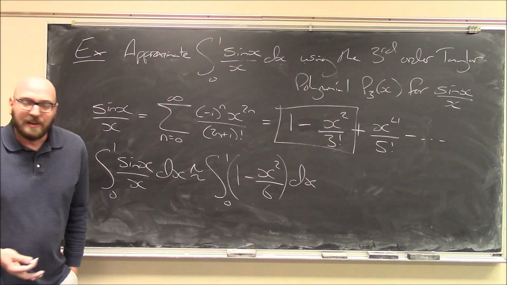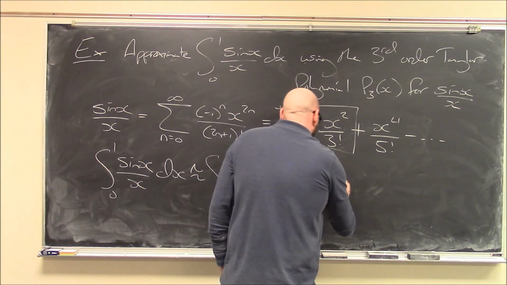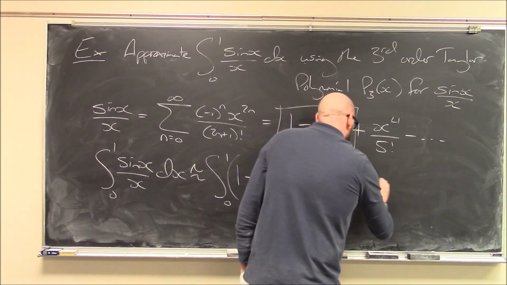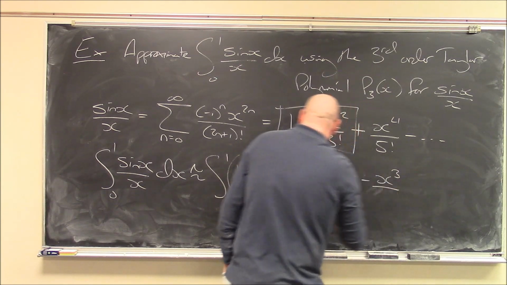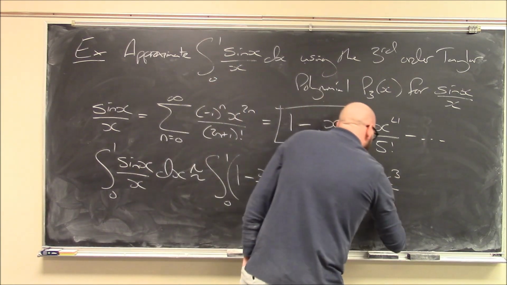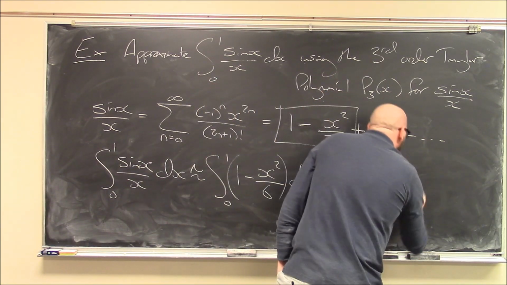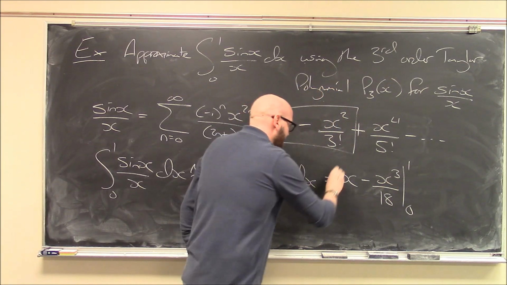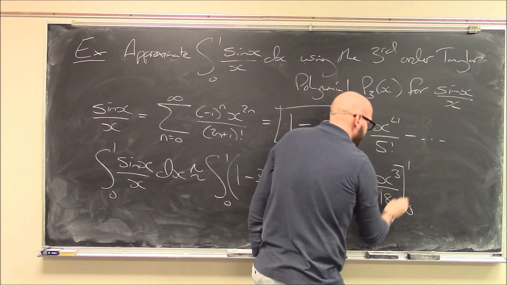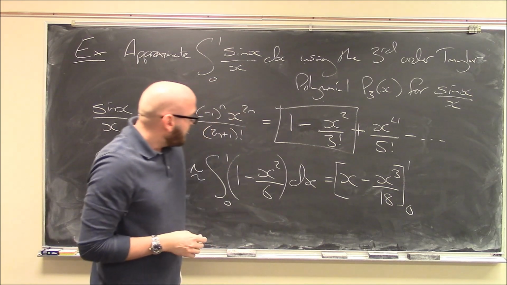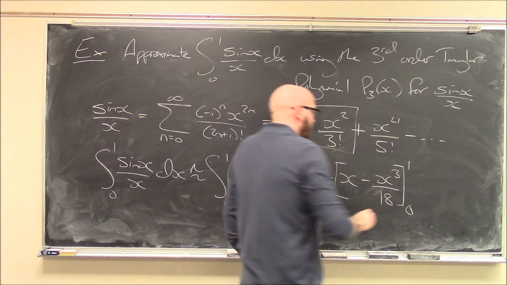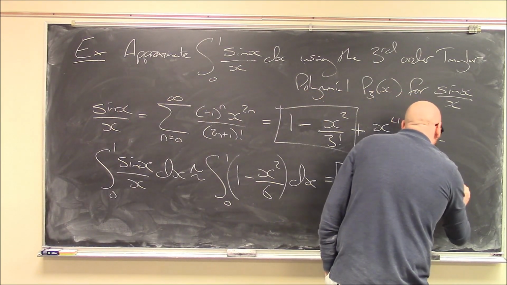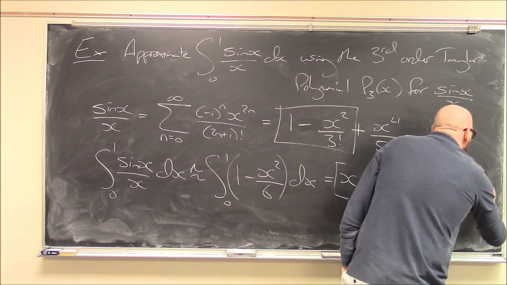And from here, this is a very easy integral. This integrates to x minus x cubed over 6 times 3, which is 18, from 0 to 1. So plug in 1, I've got 1 minus 1/18, which is 17/18.